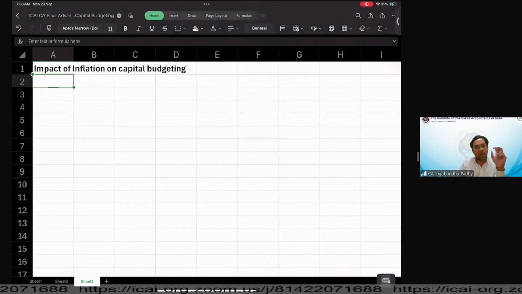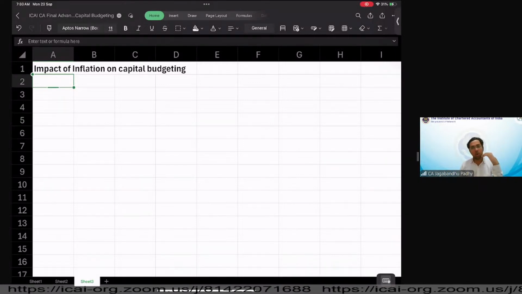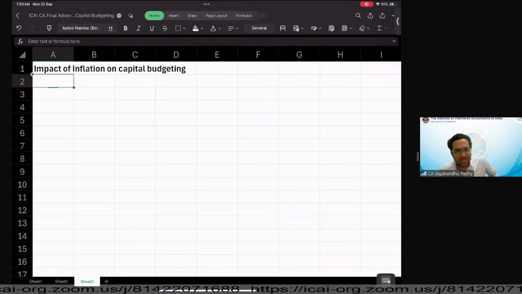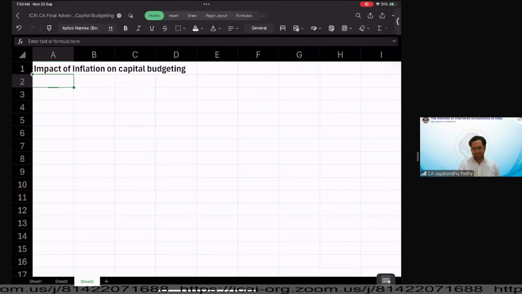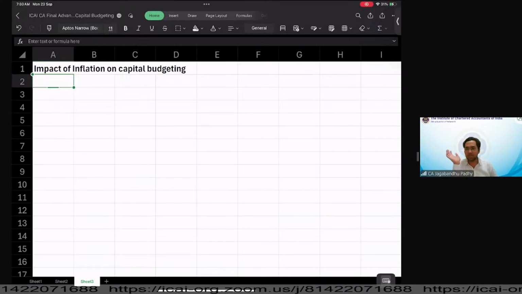When we are looking at capital budgeting or investment decisions, we are looking at a longer time horizon, generally greater than a year. Of course, year on year the prices rise, and there is an impact of inflation on the prices. So when we are forecasting the cash flows of the future, we need to take account of those aspects also.